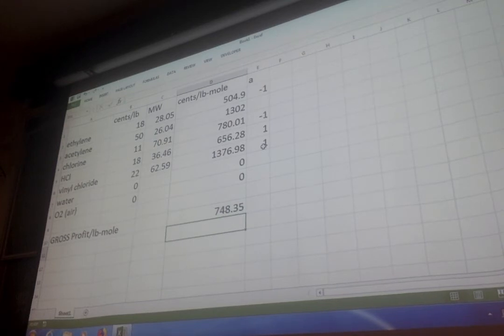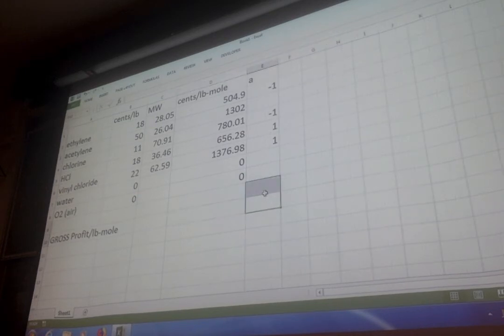Clear, everyone? I should have done it here. Just drag it. Well, it will change the equation. Faster if I didn't do it.